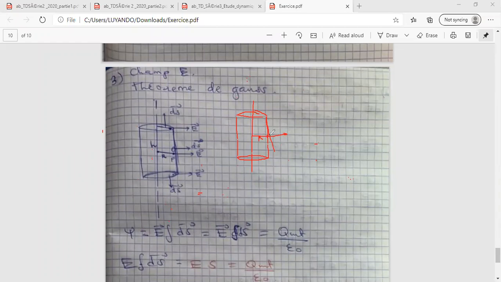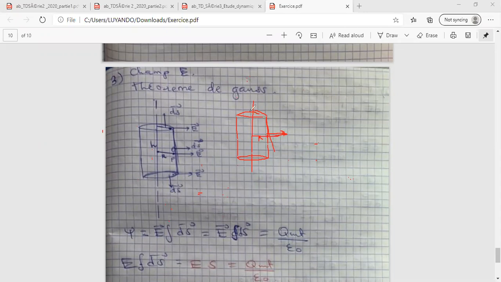So my E and my ds are going in the same direction. The vector ds representing the surface area is outward, and my E is also moving in the same direction.